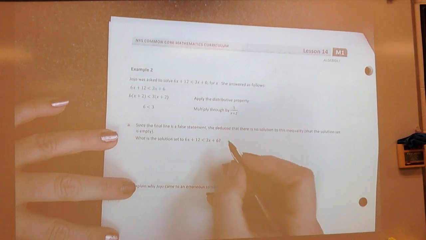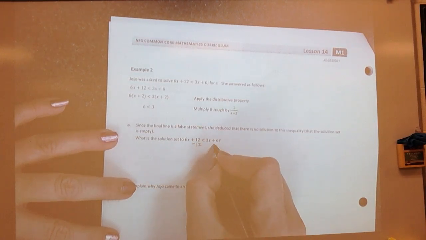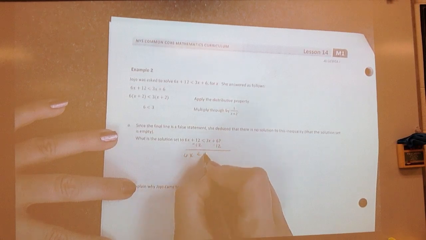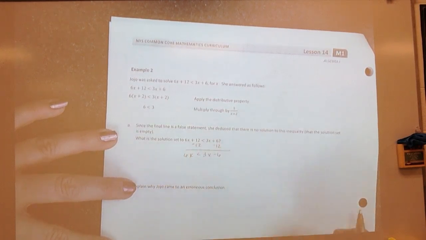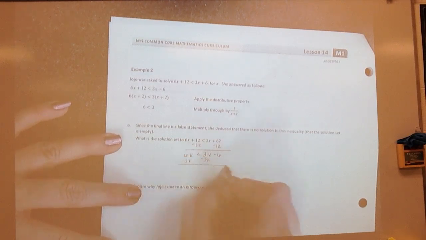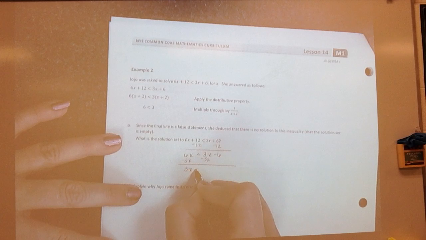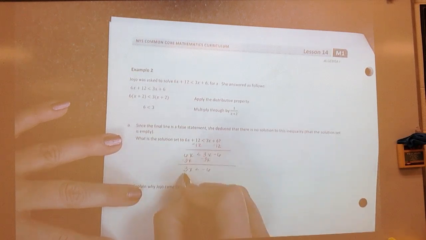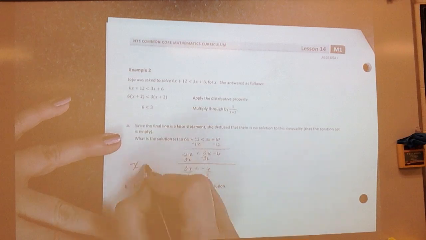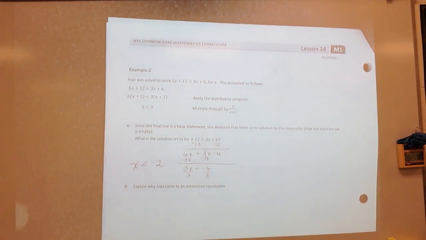So I'm going to subtract 12 from both sides. So I get 6x is less than 3x minus 6. I'm going to subtract 3x from both sides, and I get 3x is less than negative 6. Divide by 3, and I get x is less than negative 2. That is the solution.